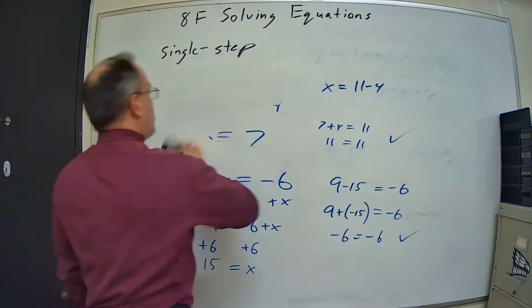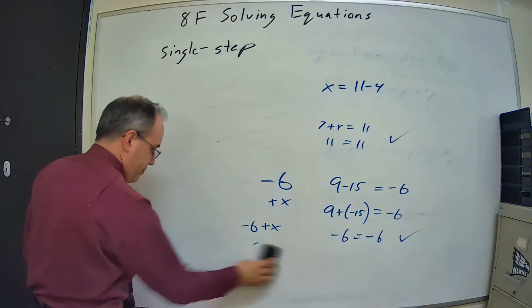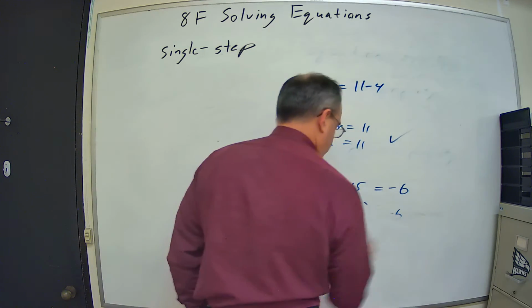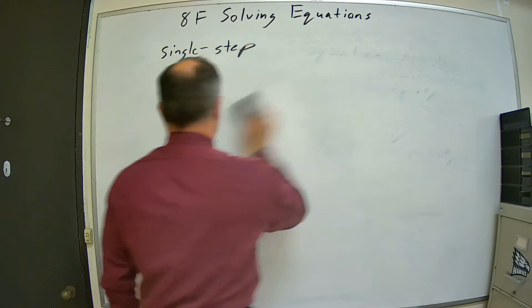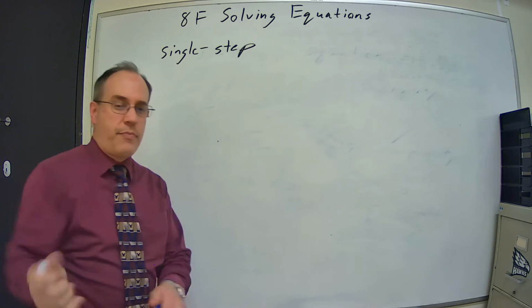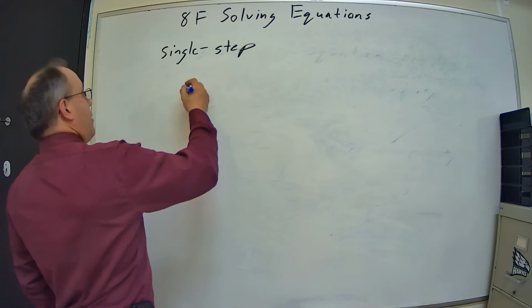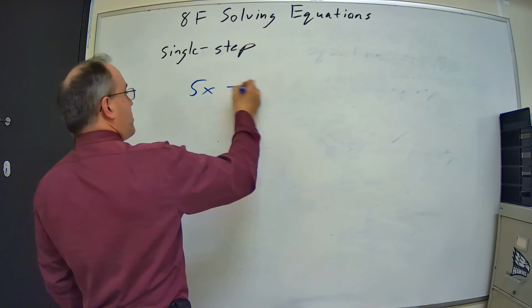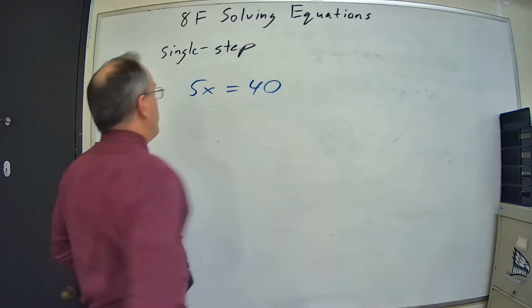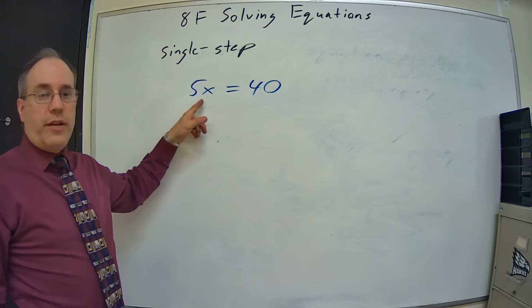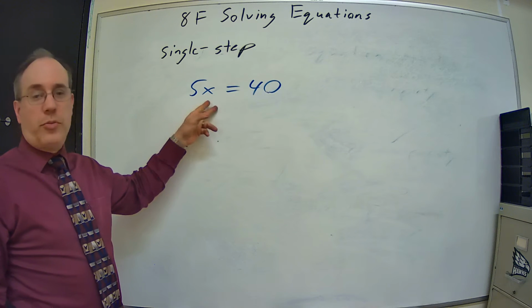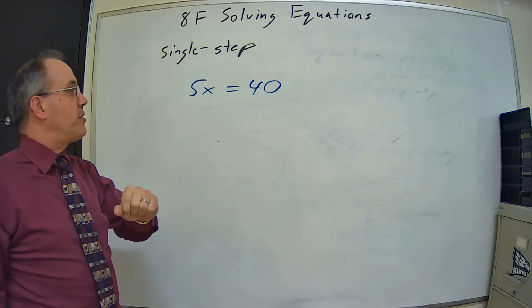Let's try a couple more single step examples. Five times x is equal to 40. Remember, when you have a number next to a variable, it just means multiply. So that's just 5 times x.